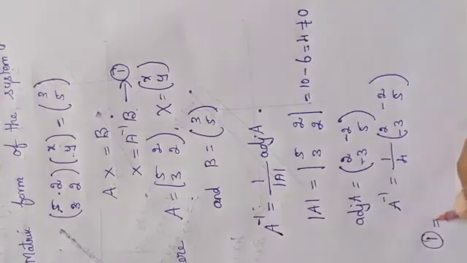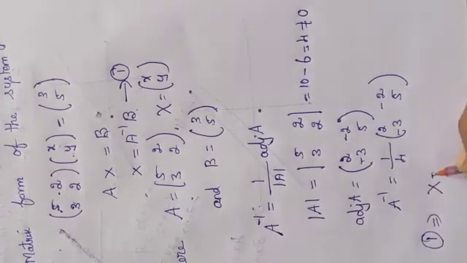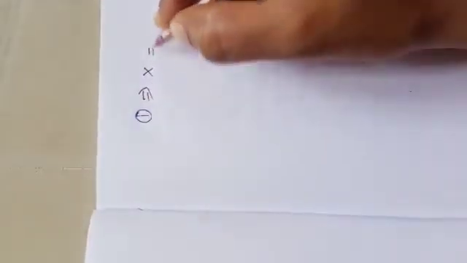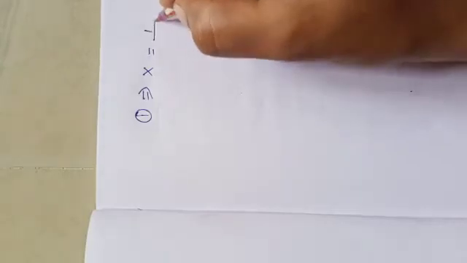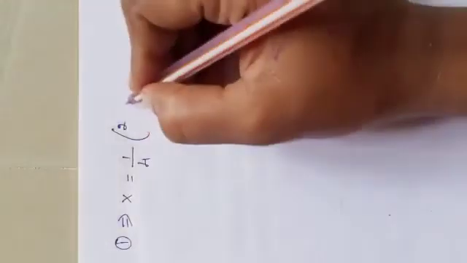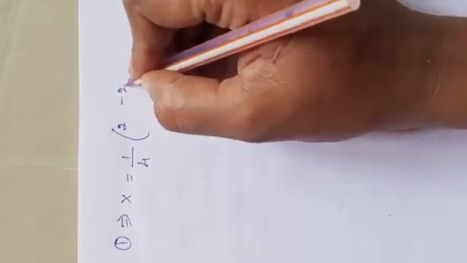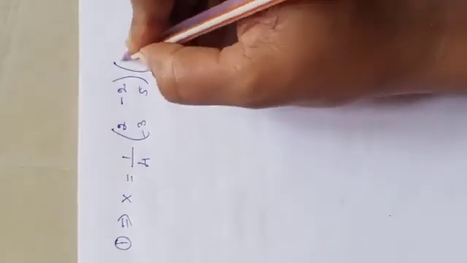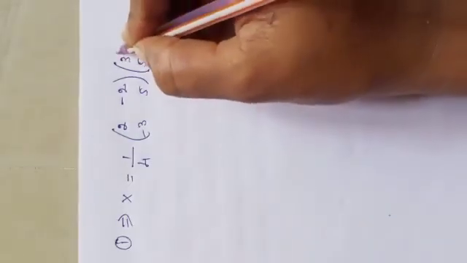So equation 1 implies X is equal to A inverse into B, that's 1 by 4 into 2, minus 2, minus 3, 5 into B, that is 3, 5.